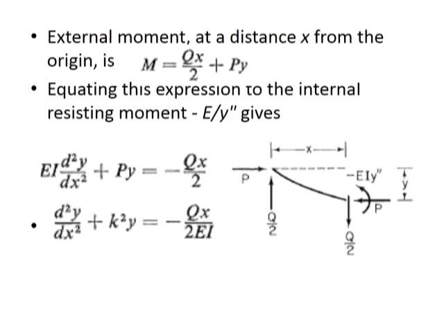Now in this derivation, the external moment at a distance x from the origin is given by the equation M is equal to Qx by 2 plus Py. Equating this expression to the internal resisting moment, that is minus EI y double dash, gives the following equation.